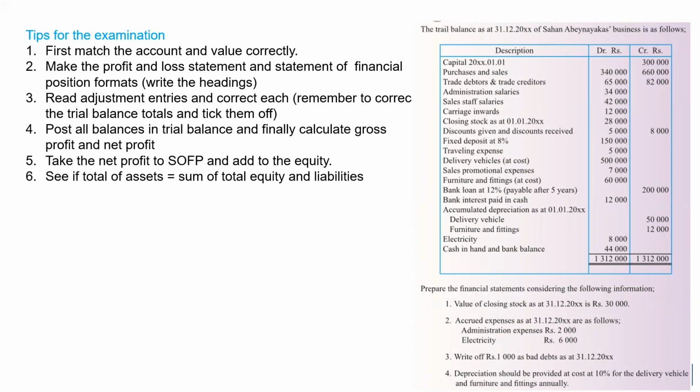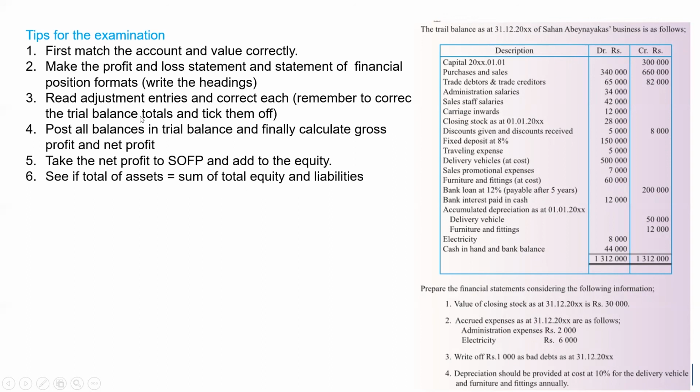Nobody's thinking about your neatness and cleanliness. As long as it is readable, as long as you have not torn your answer sheet, you will be getting your marks, right? So then read all the adjustment entries and correct them. So this is the pattern to go. You first match the values, you make the formats, then you do the adjustment entries, and then you tick off those from the trial balance, right?